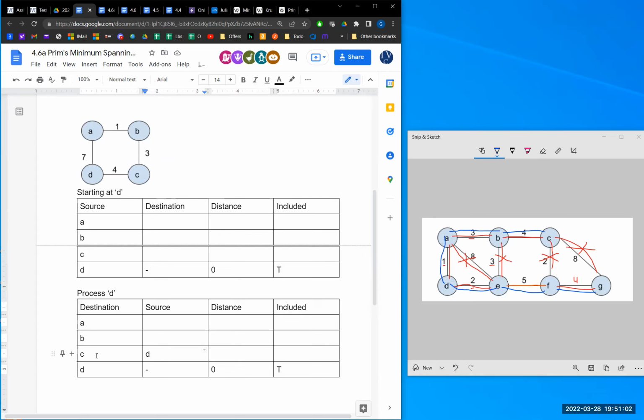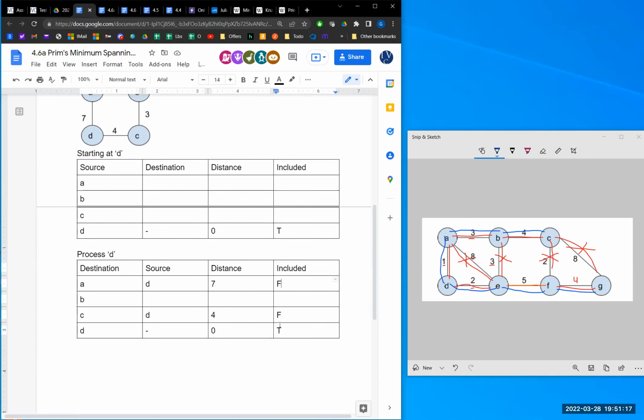C is 4, it's not in the tree. A is 7, it's not in the tree, right? Blank and false mean the same thing, but I just want to have the record be full there. And amongst the false nodes, non-nulls, choose whoever's closest.